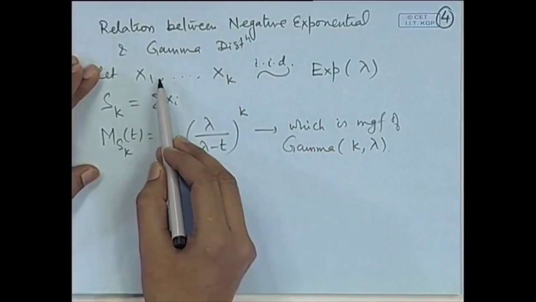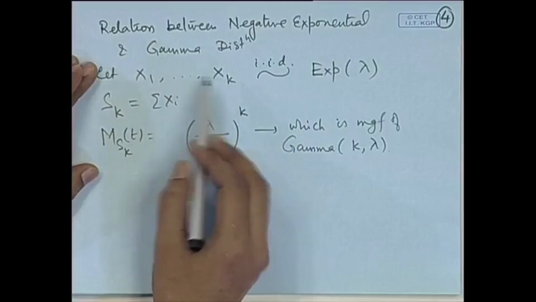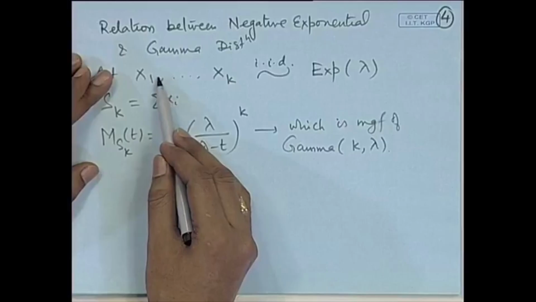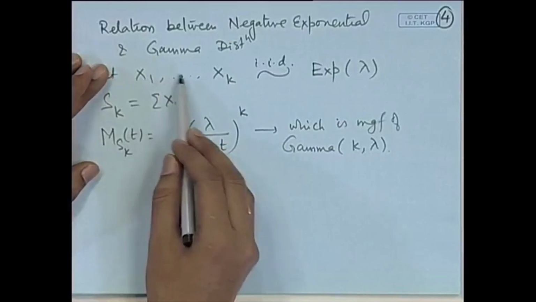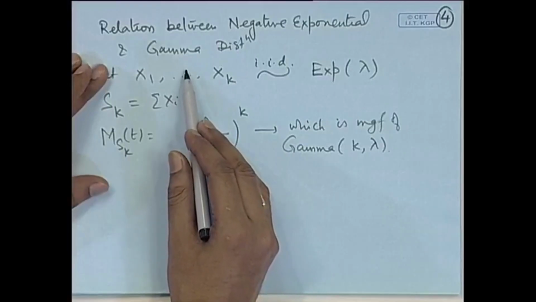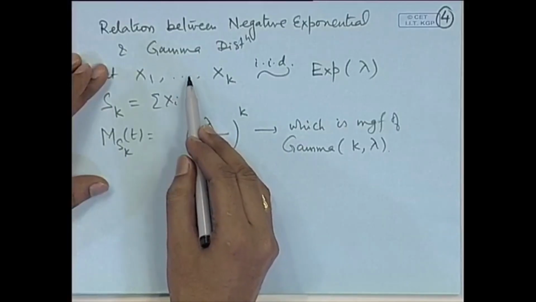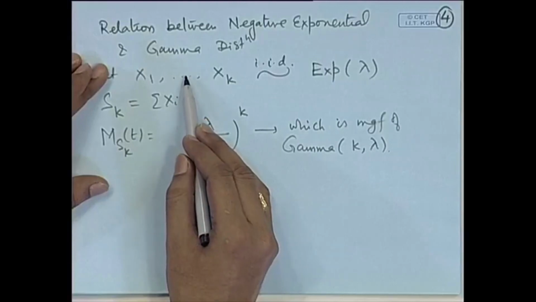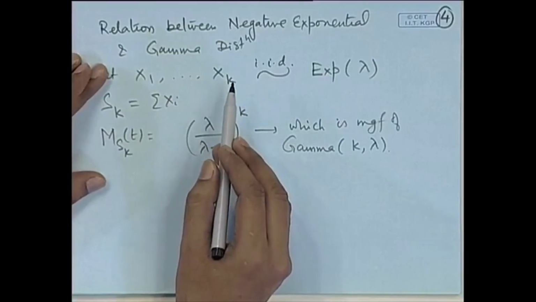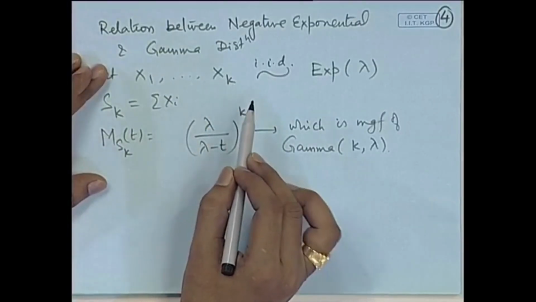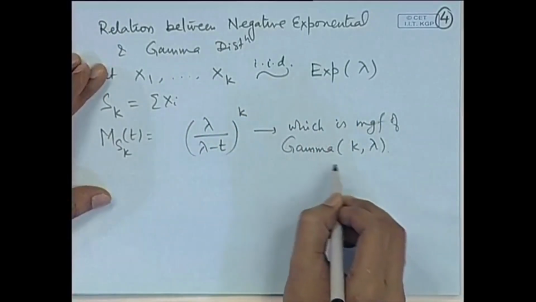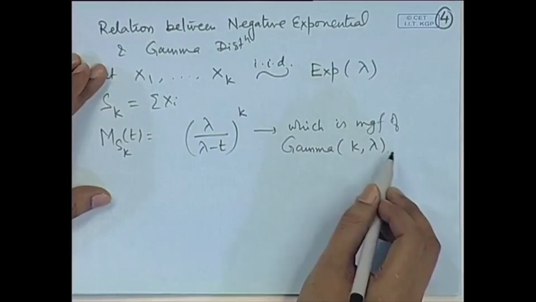So, if we combine this, that is X1 plus X2 plus ... Xk, when X1 is observed, we start observing the process once again, X2 is the time added thereafter, X3 denotes the time starting from when the second occurrence has been observed. Then X1 plus X2 plus ... Xk denotes the waiting time for the first time kth occurrence in a Poisson process, and we know that it follows a gamma distribution with parameters k and lambda.